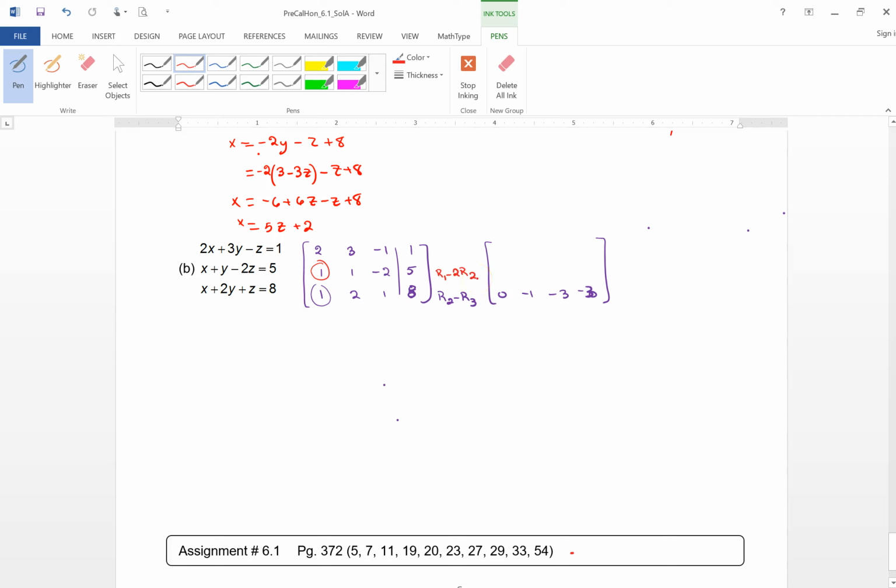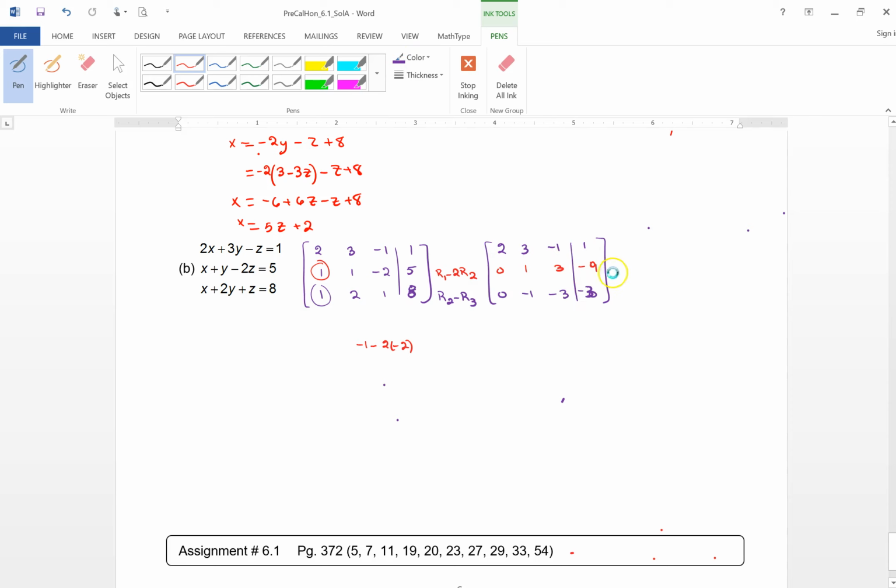So I get 2 minus 2 is 0, 3 minus 2 is 1, negative 1 minus negative 4 is 3. And here I get 1 minus 10, negative 9. The top row will remain unchanged for now.